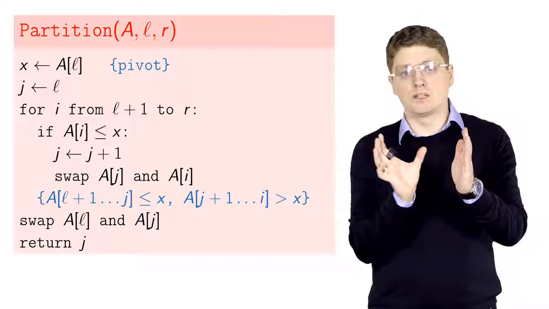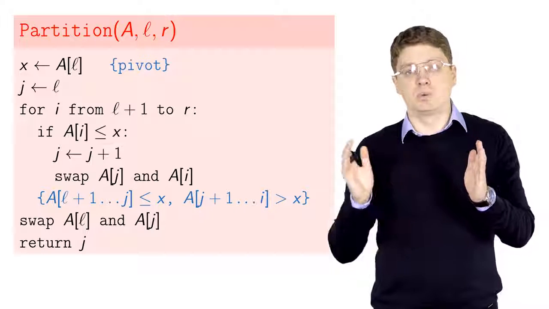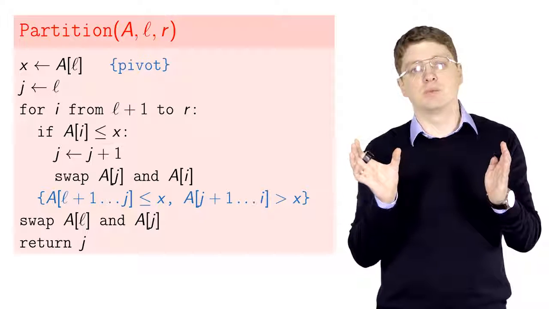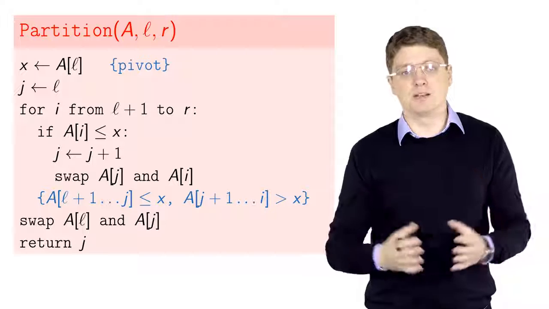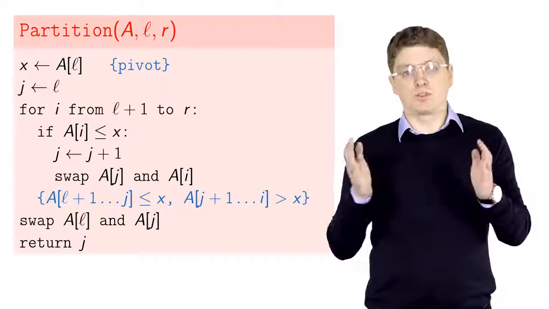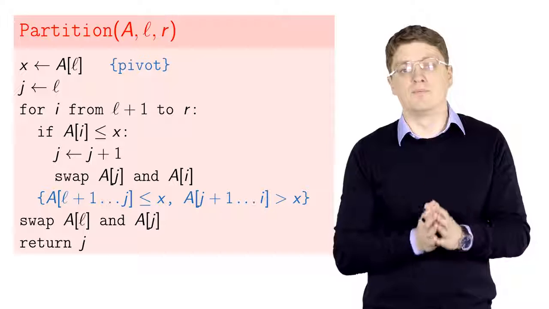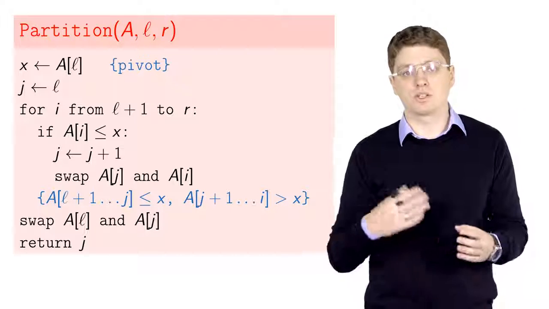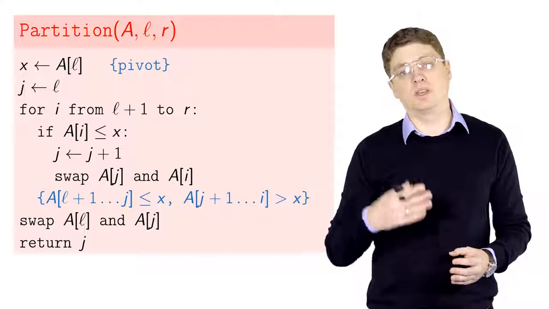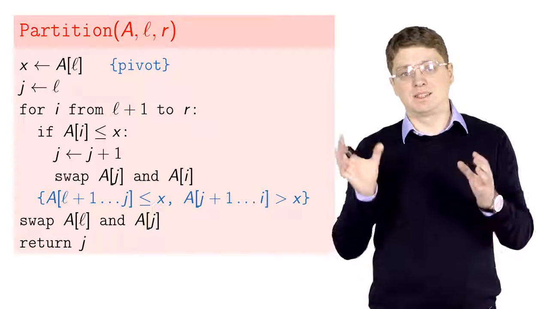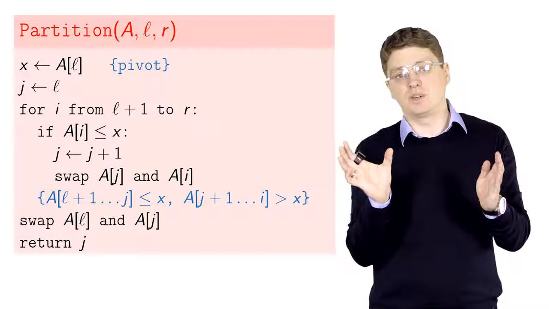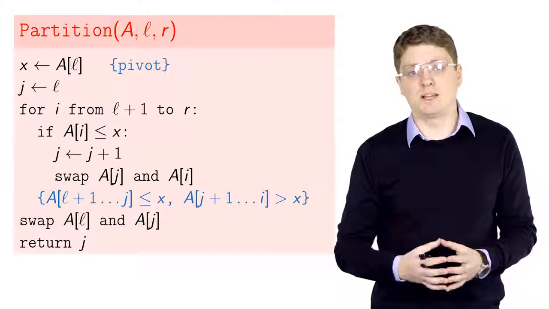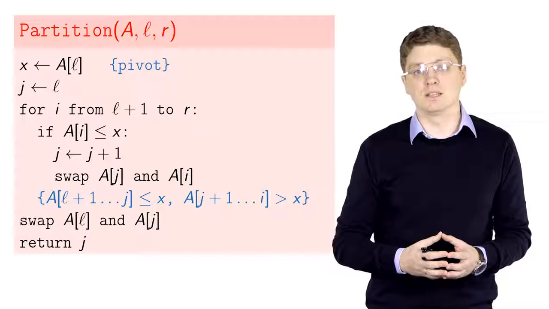In the first region, with indices from L+1 to J, we will keep all the elements that are at most x. In the second region, with indices from J+1 to I, we will keep all the elements that are greater than x. And we will gradually increase the value of I. So assume that I has just been increased. So we discovered a new element A of I. If A of I is greater than x, then the second region of elements that are greater than x is extended automatically, and we do not need to do anything in this case.